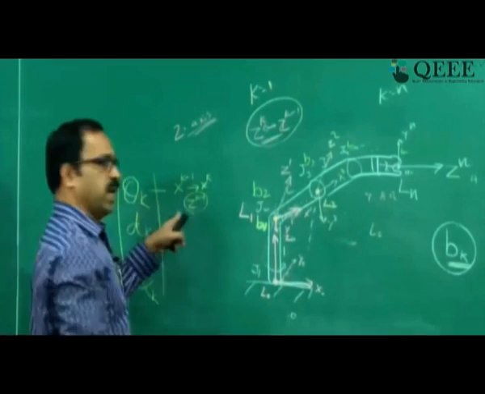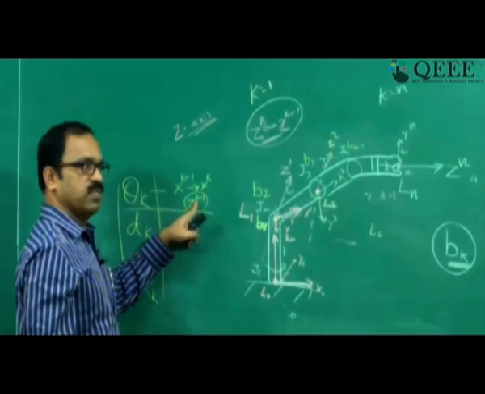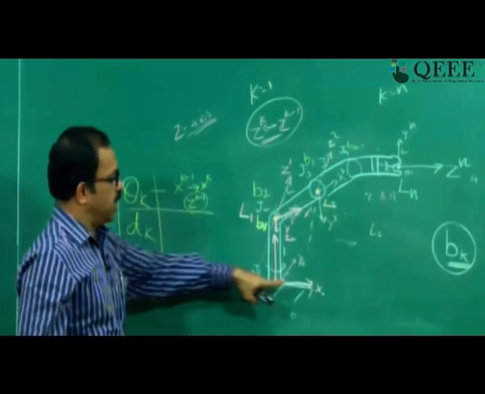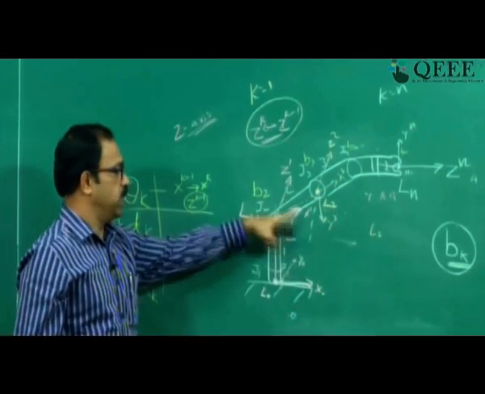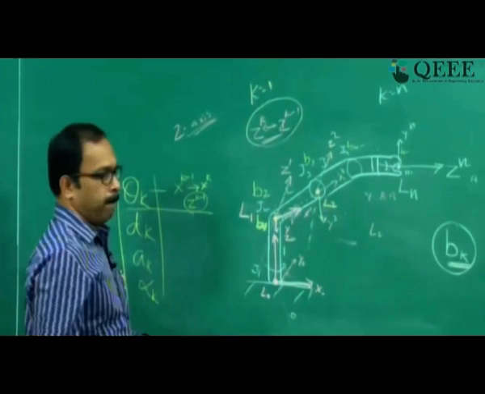That will be theta k. So theta k can be considered measured with respect to zk minus 1, and the angle between xk minus 1 and xk will be the joint angle theta k.